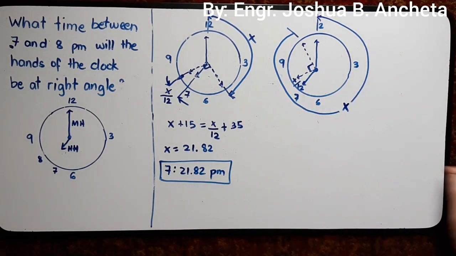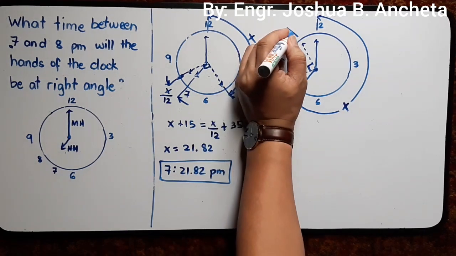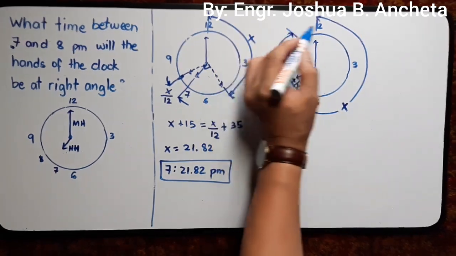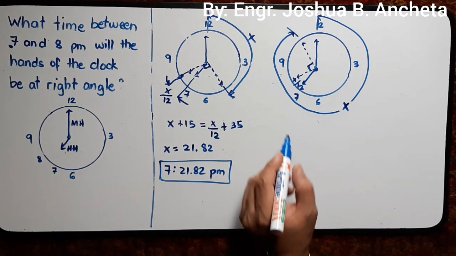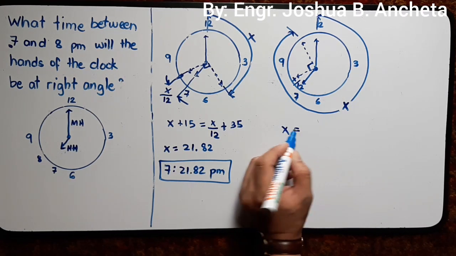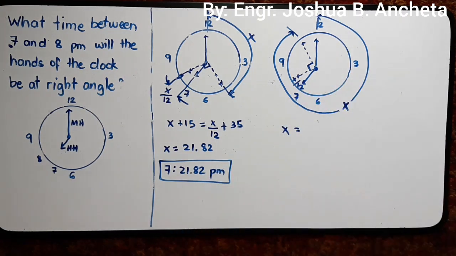In this drawing, our boundary is simply represented by X, so we can just put X here and equate this to the internal openings.